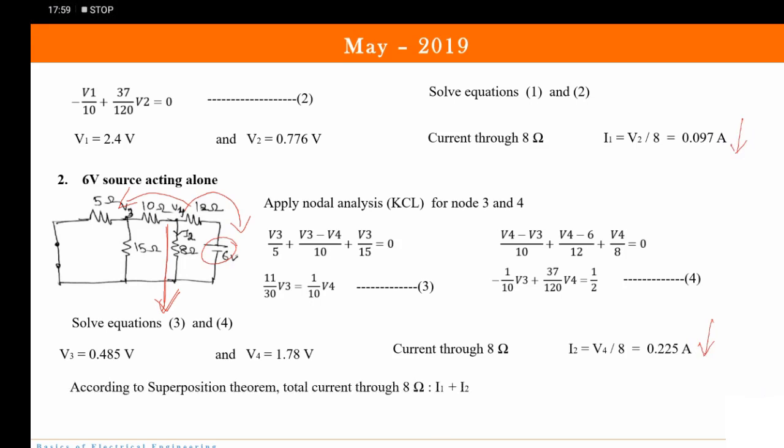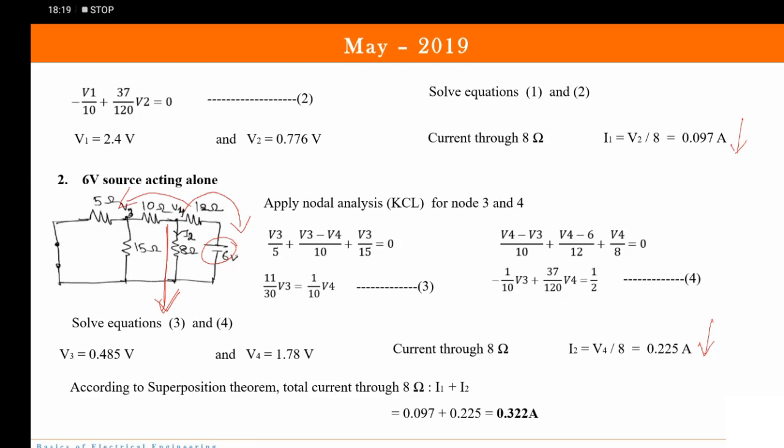So what is going to be the total current? Total current will be the sum of these two currents, and since both the currents are positive, we can simply add them. So it will be 0.097 plus 0.225.